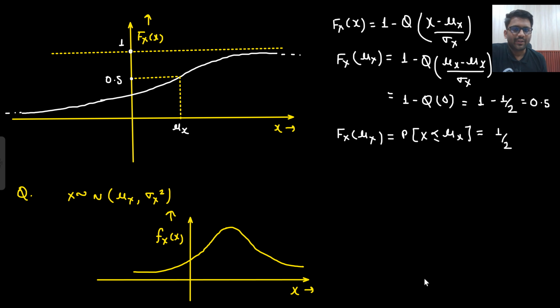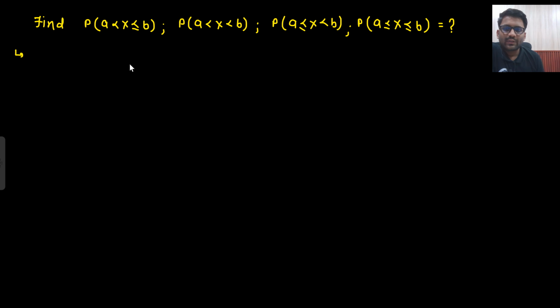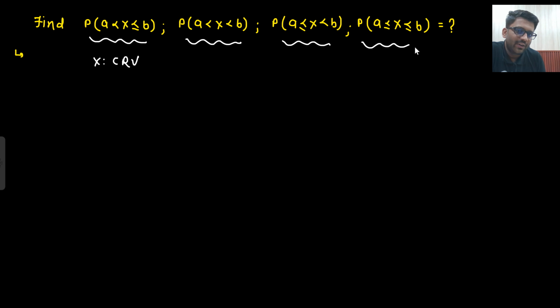Yeah, welcome back. So did you try this question? First thing is that x is a continuous random variable, right? So for a continuous random variable, all these probabilities will be the same. I don't need to find them separately. This is the first conclusion I can make, because if it is a continuous random variable, the probability at a point will be 0.